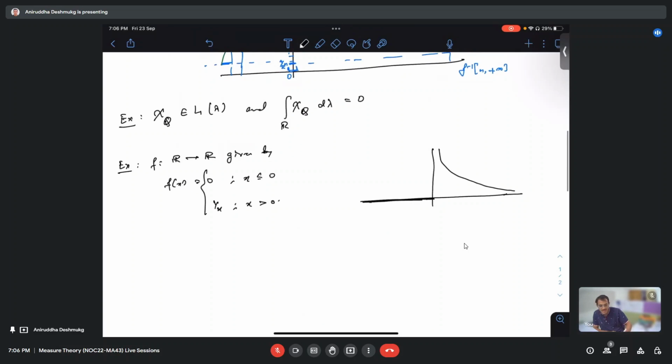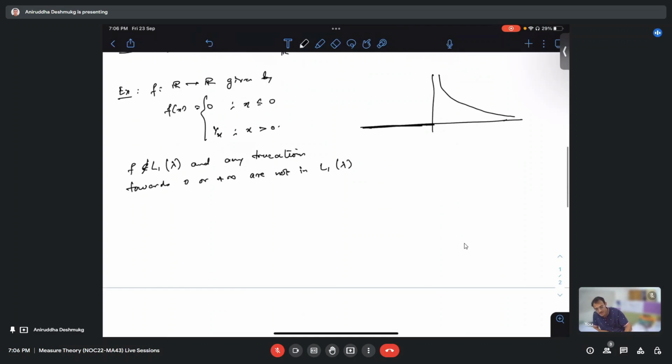We have seen that this f, although it can be approximated using simple functions, and is also measurable because it is continuous almost everywhere, is not in L1 lambda, and any truncations towards 0 or plus infinity are not in L1 lambda.